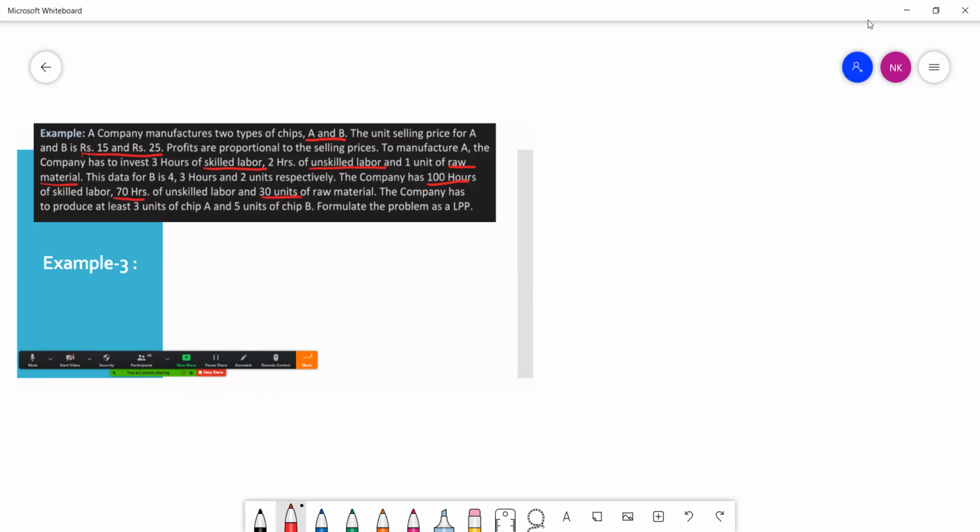So we need to make chip A and B in such proportion that we get maximum profit out of it.